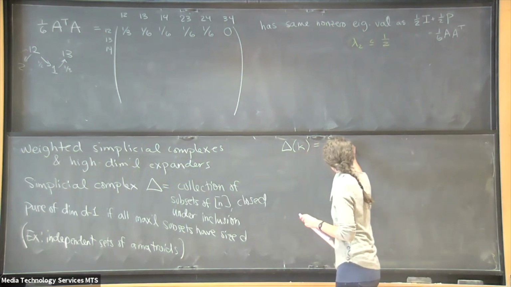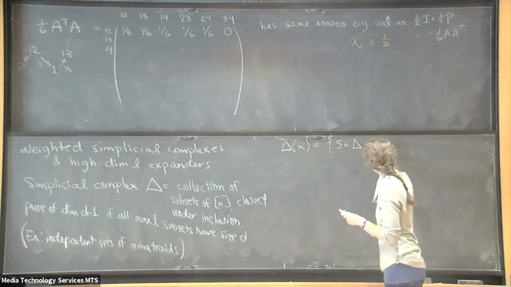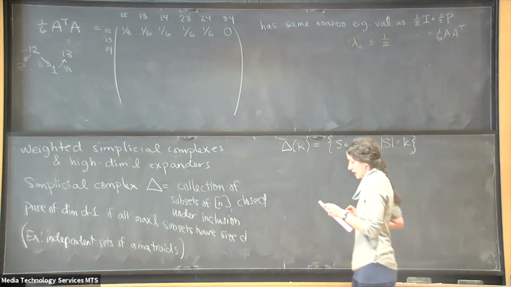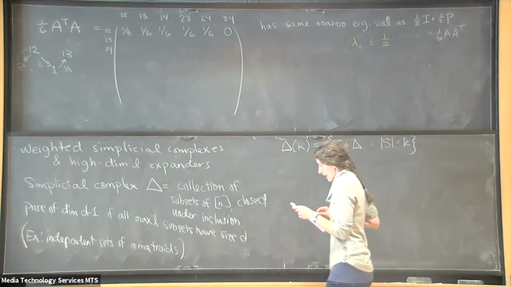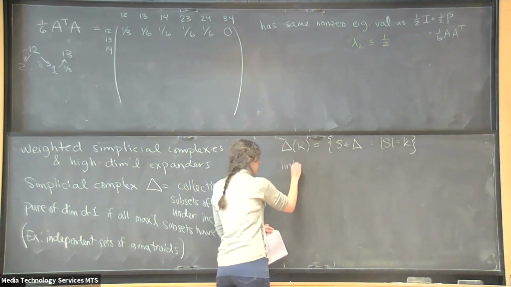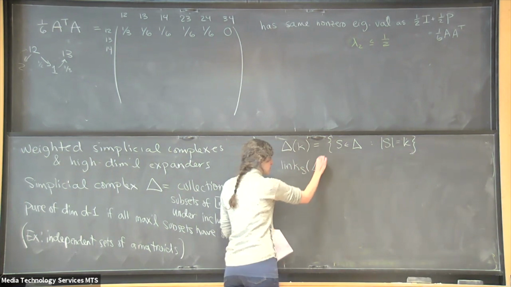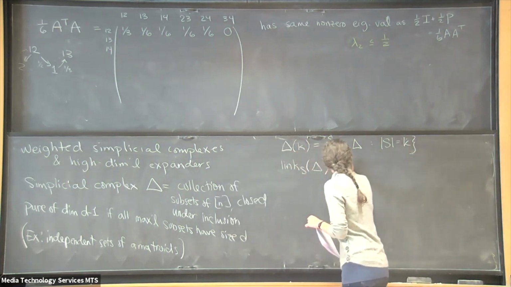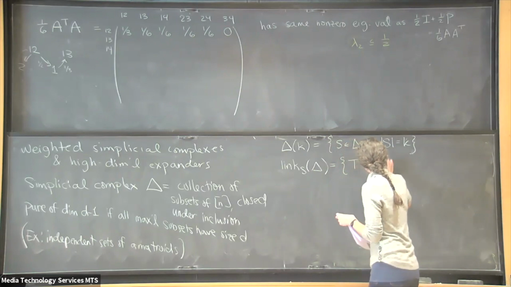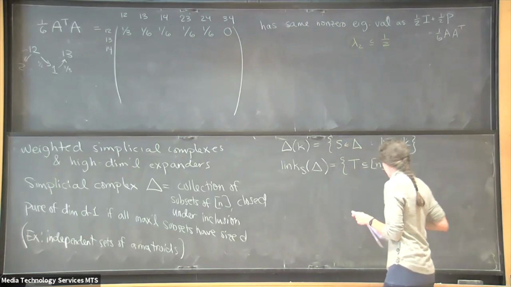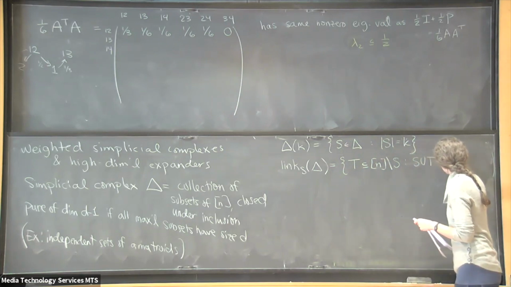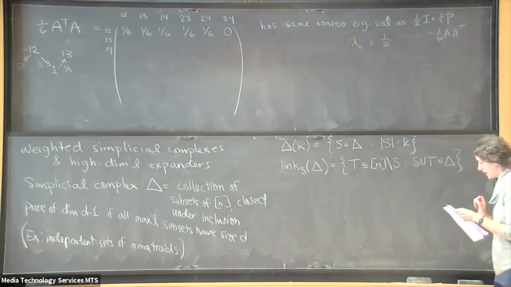So this is all just notation. And can look at something called the link of a face in a simplicial complex, which is all the subsets in the complement so that the union is in delta.